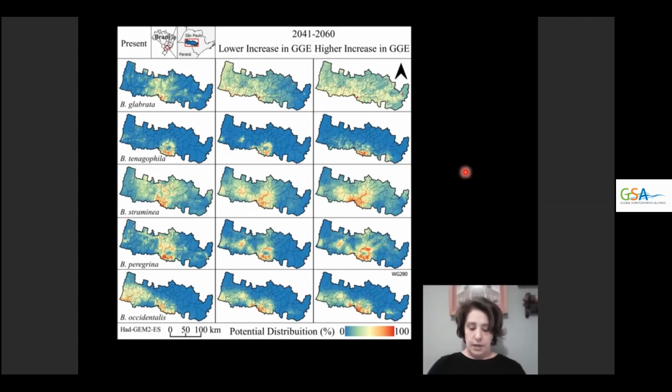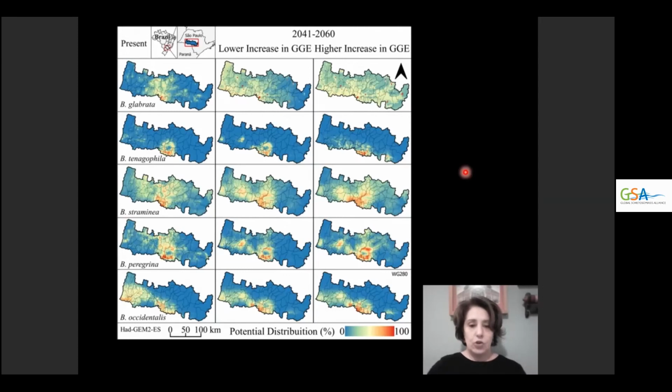So in terms of genetic variability, I should say that Biomphalaria tenagophila and Biomphalaria occidentalis should not be able to expand, to adapt to climate change in a way that they expand the range of their distribution.